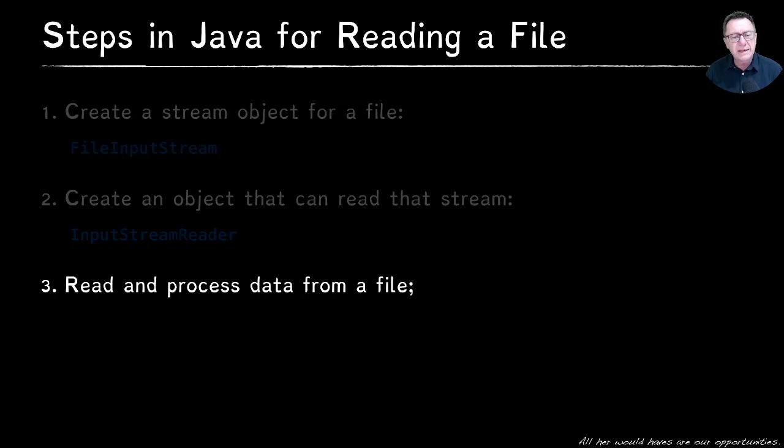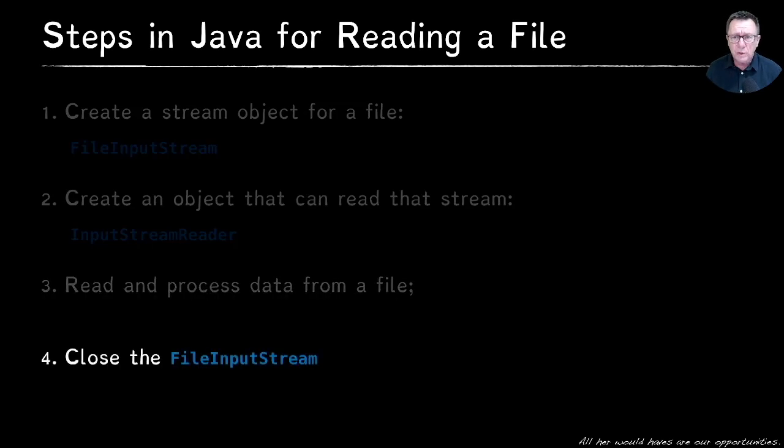And we now read and process data from the file. That's what we're doing. Then, once we've done all of that, we close our file input stream. Close it, so we've taken care of things. We've closed things up, we've wrapped things up, and made it very nice and very pleasant.